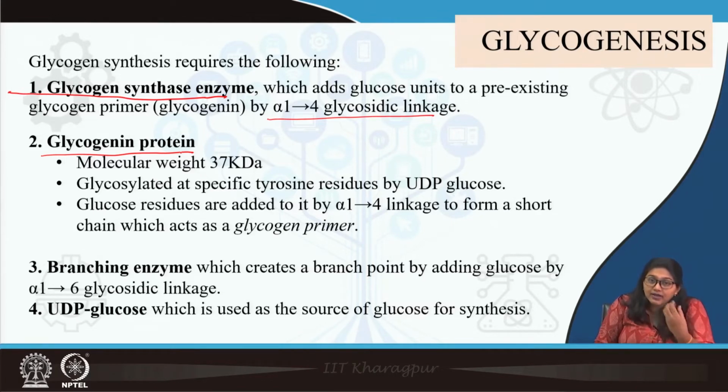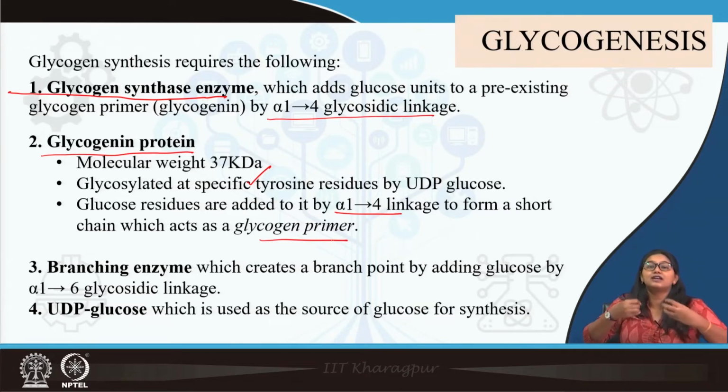It has the ability to be glycosylated, meaning glucose can be added over this glycogenin at its specific tyrosine residues, and those glucose are added by forming alpha 1,4 glycosidic bond. Finally, they form a glycogen primer. So, over a protein molecule known as glycogenin, the basic glycogen primer is formed.